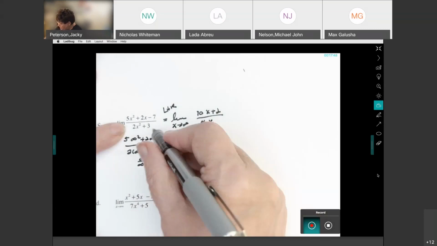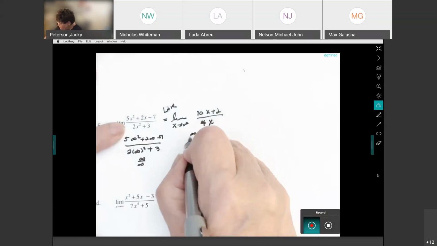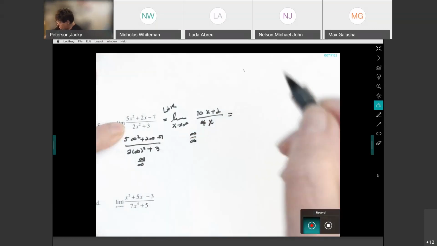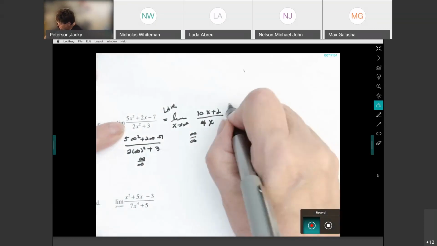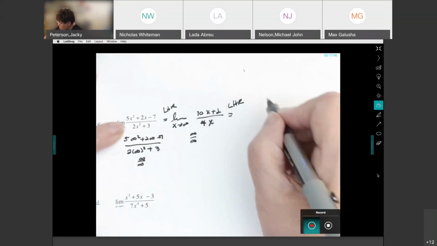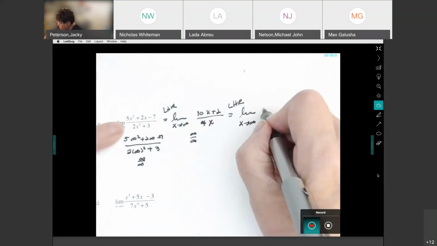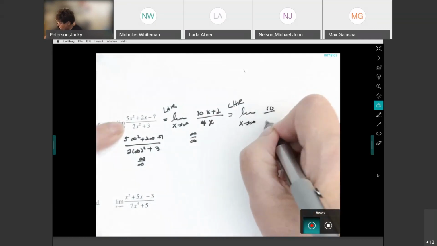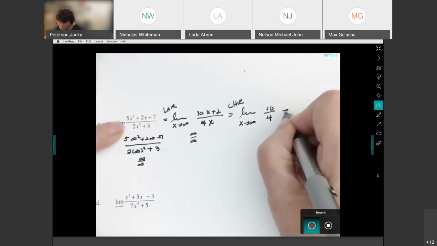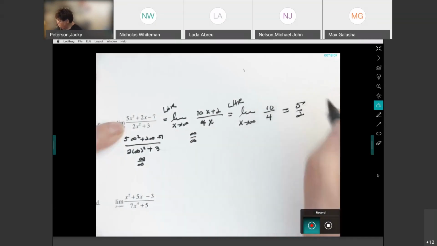And then I put it in again, and I still get infinity over infinity. This is why I wouldn't necessarily use L'Hopital's rule on this problem, because you have to do it more than once. The limit as x goes to infinity, the derivative of the numerator is 10, the derivative of the denominator is 4, and so this is 5 over 2.